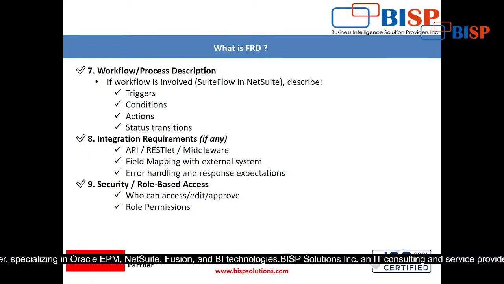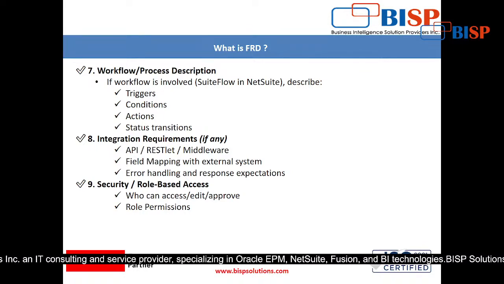For example, just now I showed you, like in a WordPress website, if any plugin is required, in that case I will define in the functional requirement document that the plugin will be required and you have to pay for that plugin, correct? So API, RESTlet, middleware, whatever is required, you have to define that.